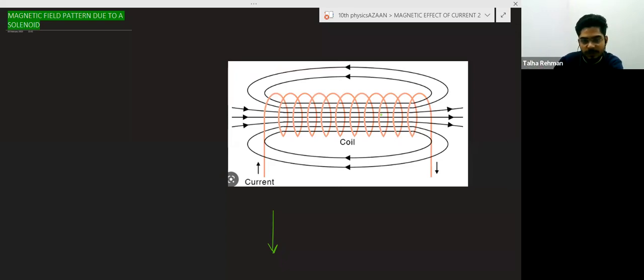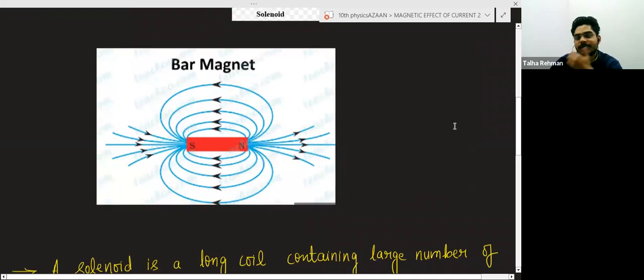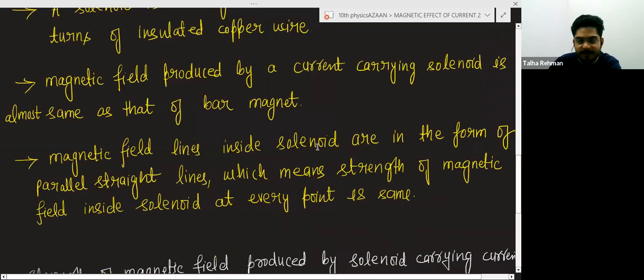So the magnetic field produced by a current carrying solenoid is almost the same as that of a bar magnet.